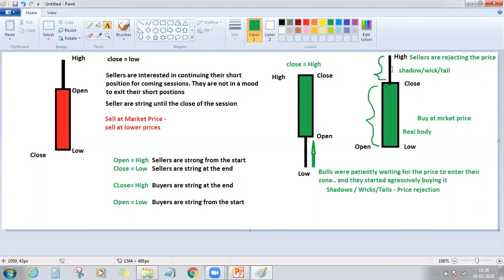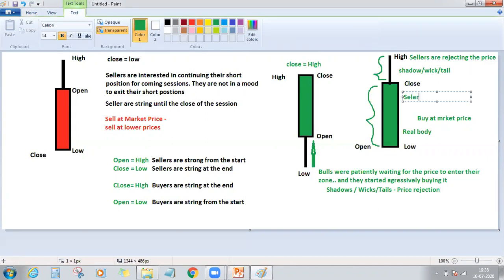So what can we conclude from this? Sellers are shorter time frame traders here, people who wanted to trade only intraday, or the scalpers, whereas the buyers were the longer time frame buyers.